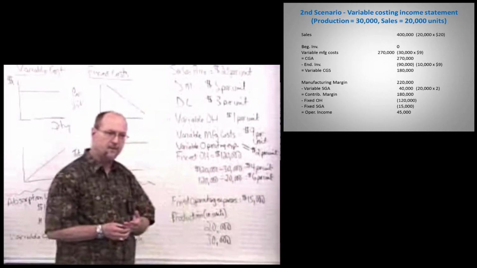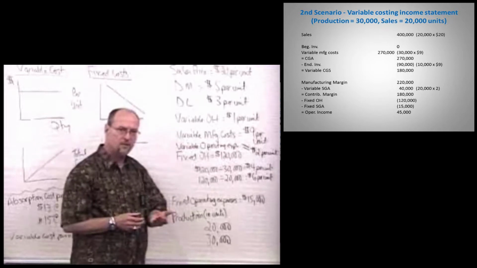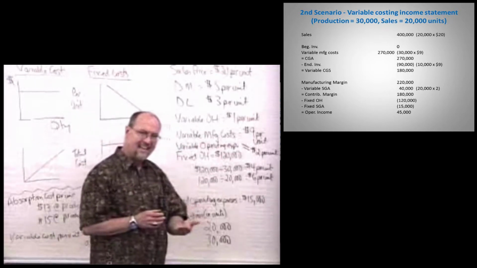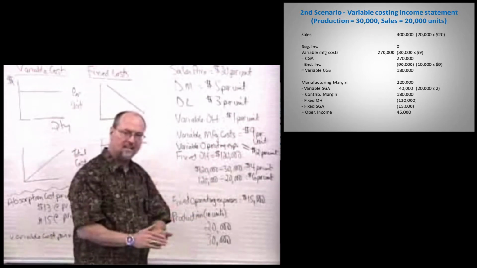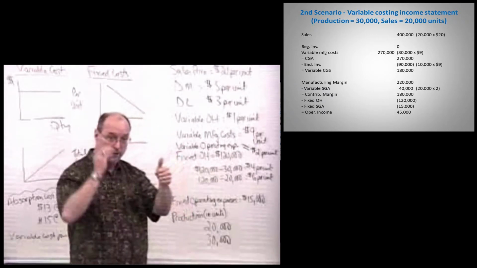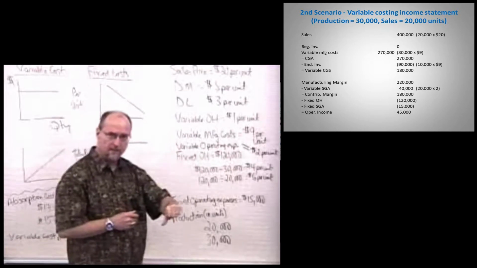Now think about this for a moment. Cost of goods sold is reduced by ending inventory. Remember, we subtract ending inventory from cost of goods available to get cost of goods sold. If ending inventory is higher, as it is under absorption costing, cost of goods sold will be lower.